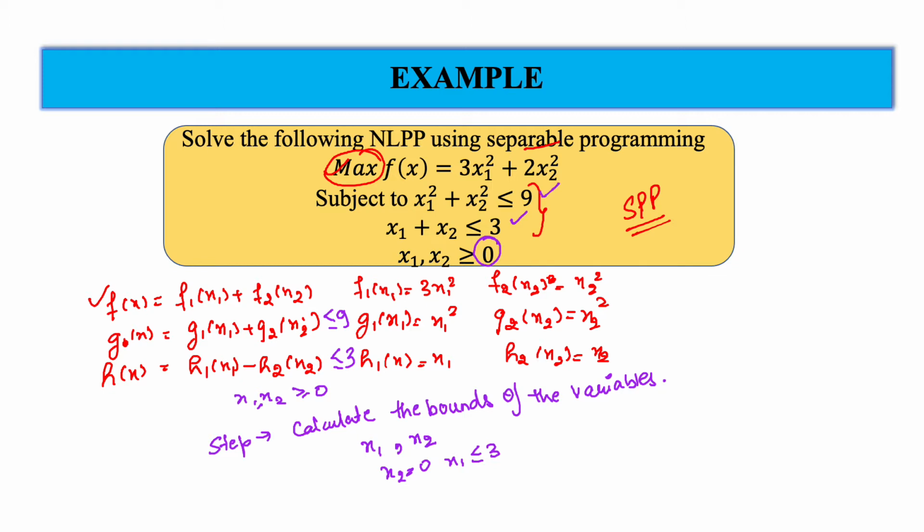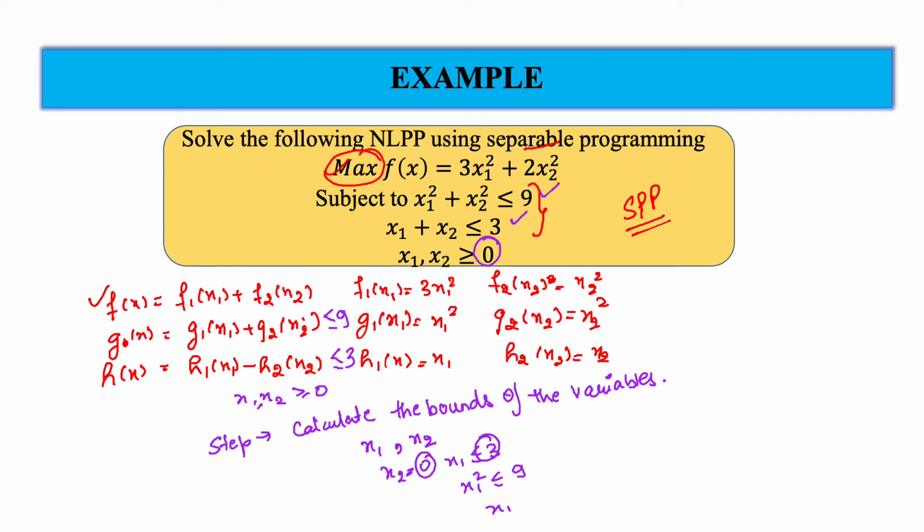Even for the second constraint, x1 will be less than or equal to the square root of 9, which is plus or minus 3, but we will take plus 3 only. So we can simply say that the bound of x1 is from 0 to 3.